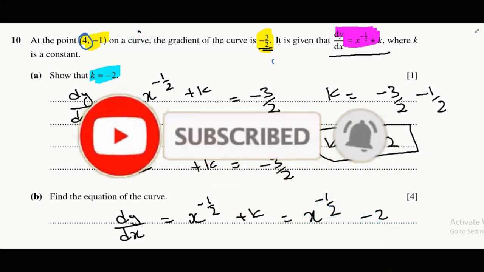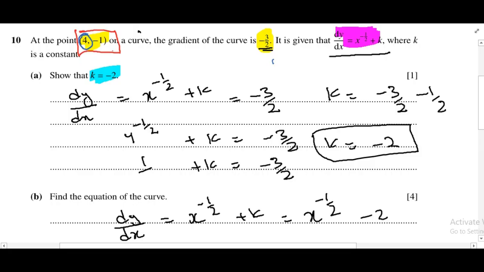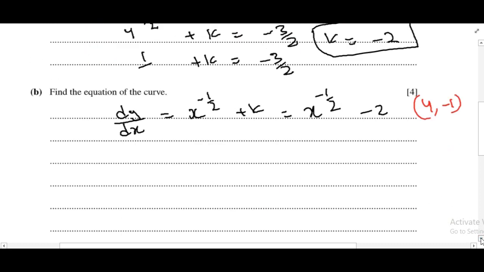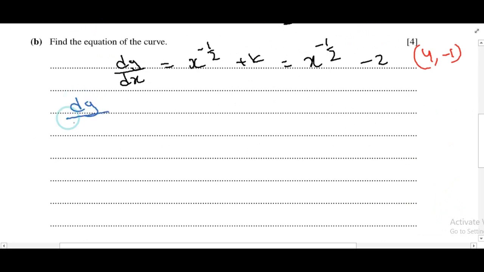Remember, we will be using this point as well to find the constant of integration, so I'm going to write this point as well, (4, -1). Since anything raised to the power of 0 is 1, I can use this concept and write this value. So this is our equation.